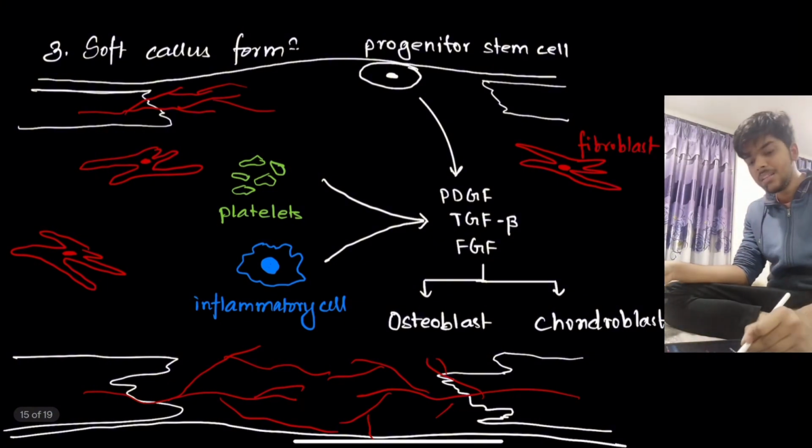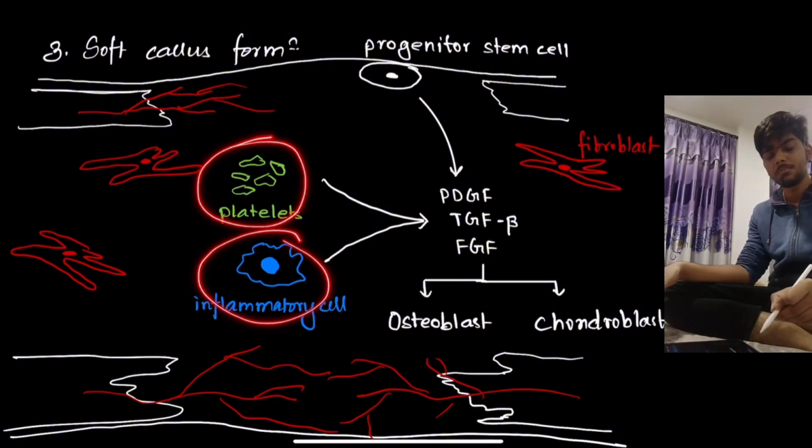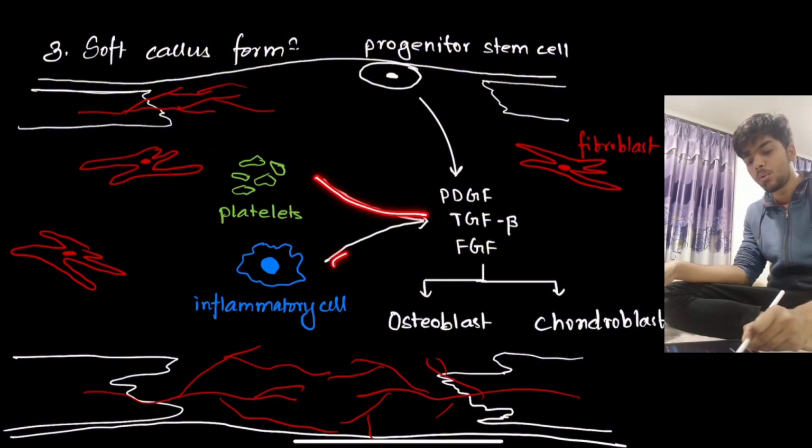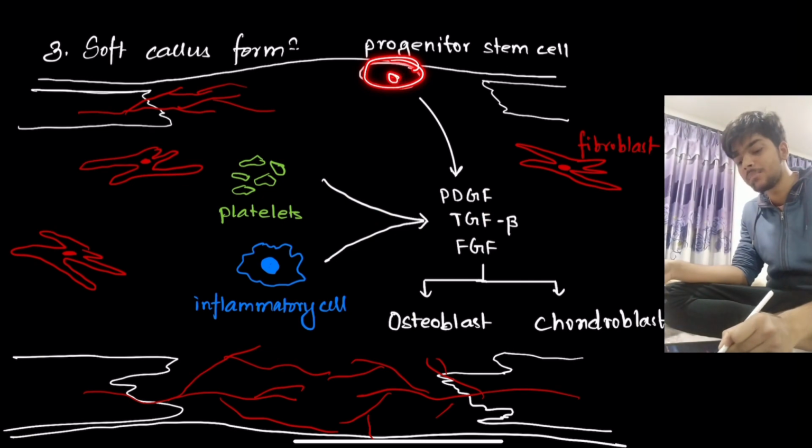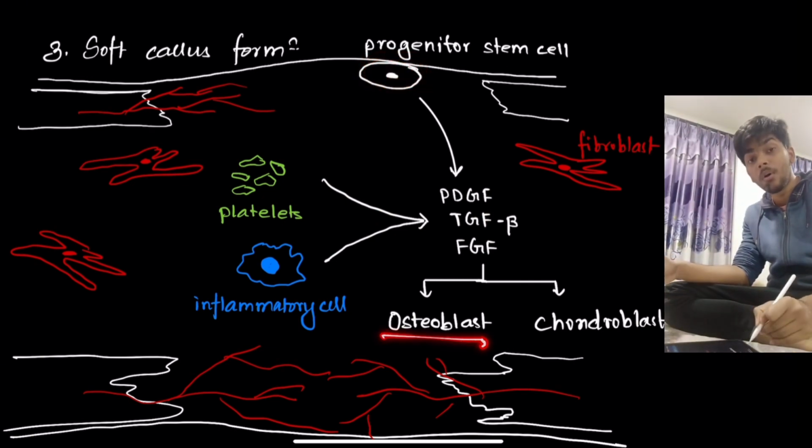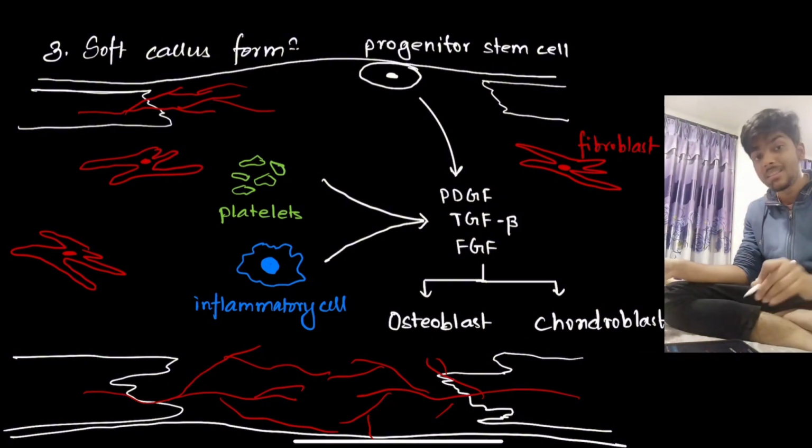Along with that, these two cells have another function, that is, they secrete growth factors. These growth factors are responsible for activating the progenitor stem cells, which get activated into osteoblast cells that form osteocytes or bone cells, and chondroblast cells that form chondrocytes or your cartilage cells.